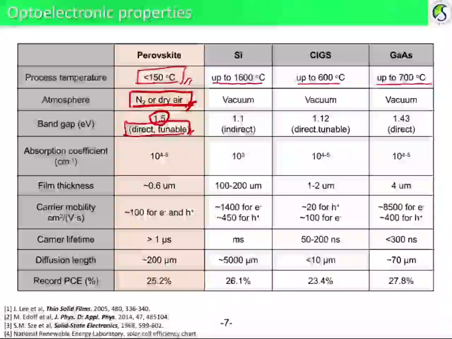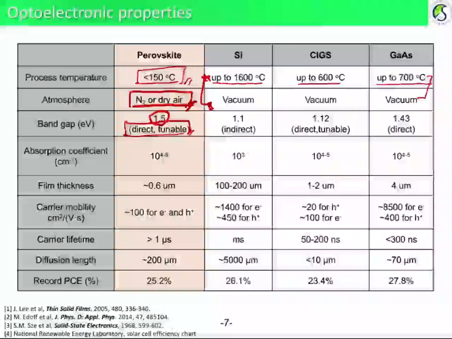So because of the much lower temperature and the ambient atmosphere, in contrast to the very high temperature and vacuum atmosphere used for the conventional inorganic material, this advantage provides a lower process cost for fabricating the perovskite film.